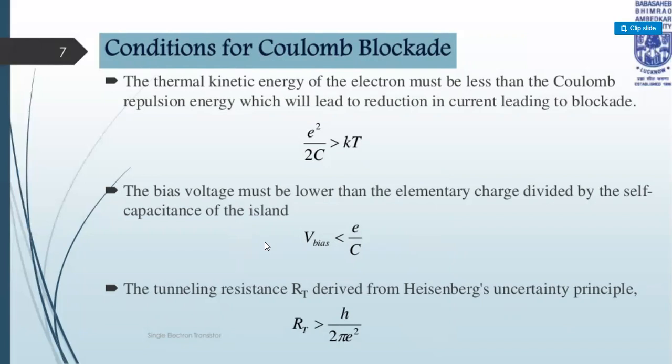The bias voltage must be lower than the elementary charge divided by the self-capacitance of the island. Similarly, V_bias is less than e/C. The tunneling resistance R_T is derived from the Heisenberg uncertainty principle: R_T is greater than h/2πe^2. This equation from the Heisenberg uncertainty principle gives the condition for Coulomb blockade.